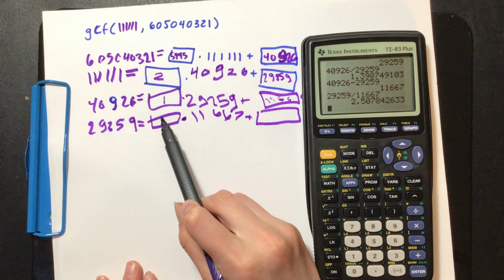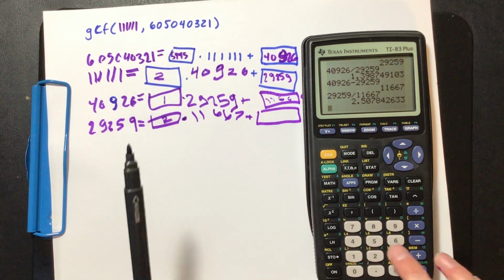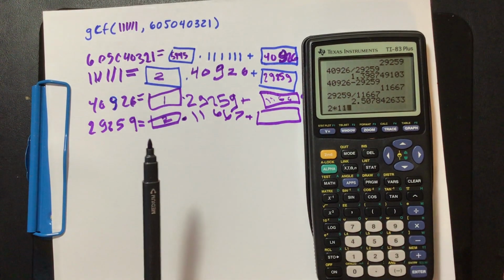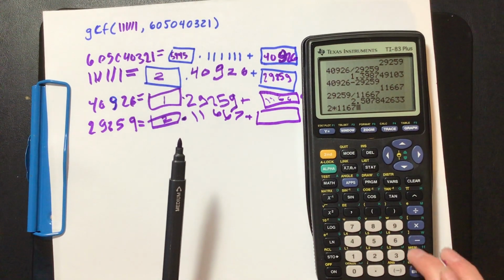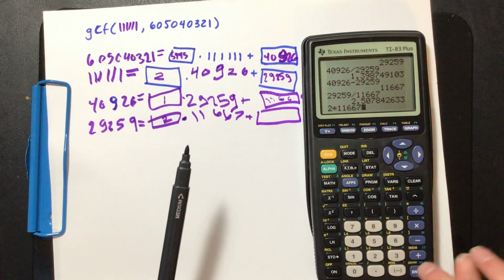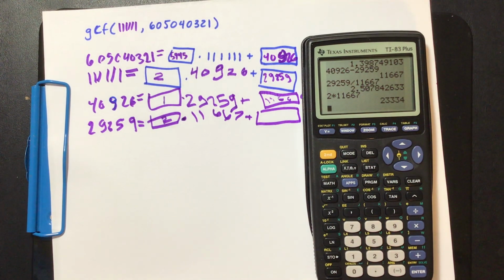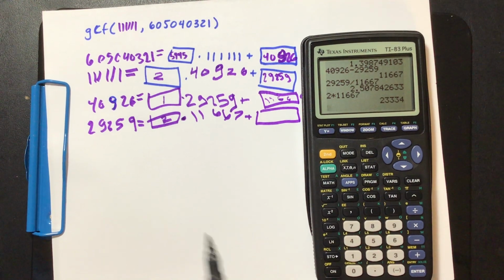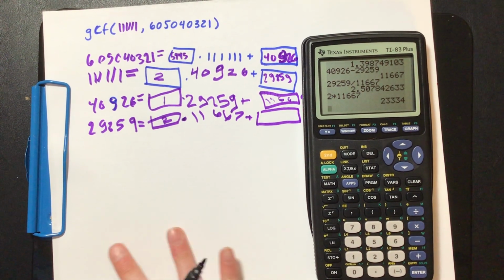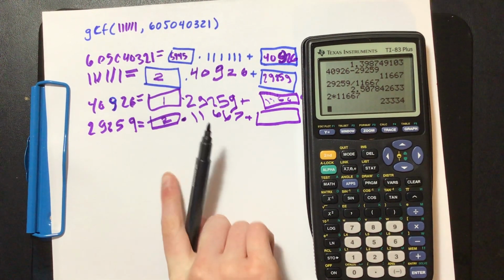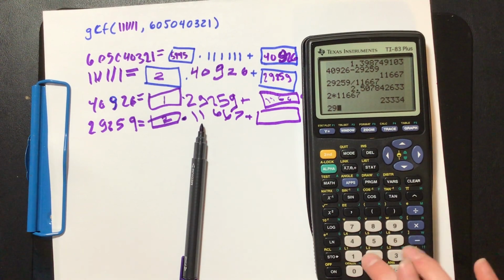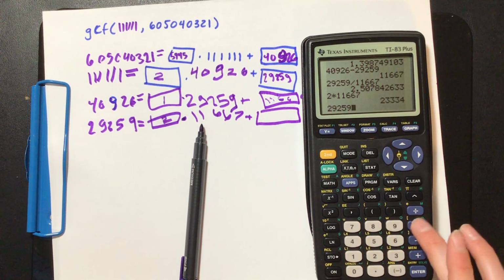So 2 times 11667 is 23334. Okay. Now that we have figured out that, we must subtract that from the 29259.